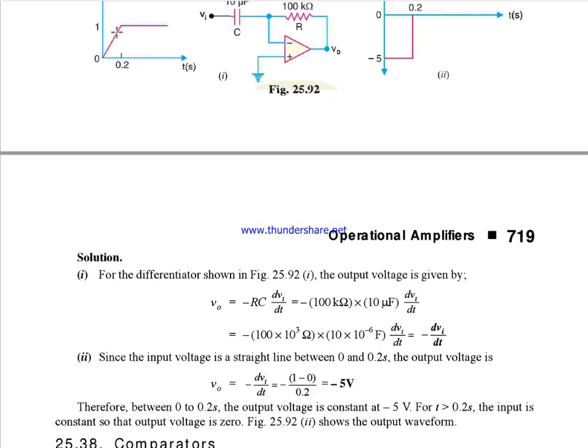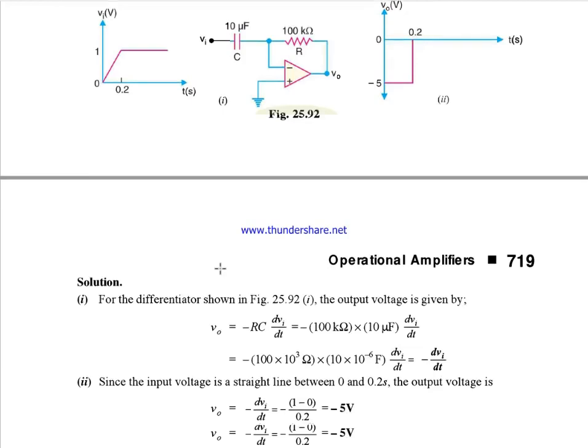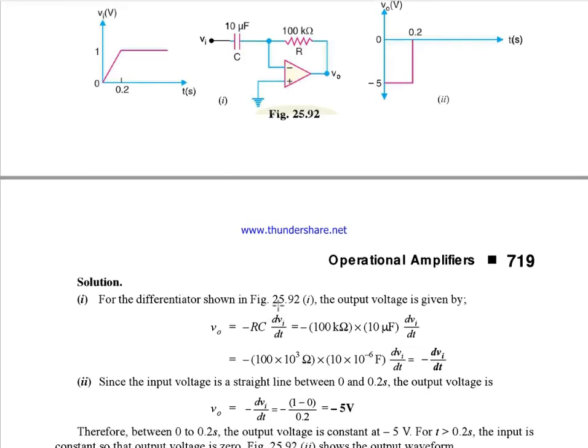Here, 0 to 1 volt divided by the time 0.2, so minus RC dVi by dt will be 1 minus 0 by 0.2. The answer is minus 5. So within this 0.2 second, the output voltage will be a constant minus 5 volt. After this 0.2 second, the input is constant. If the input is constant, the output will be 0.